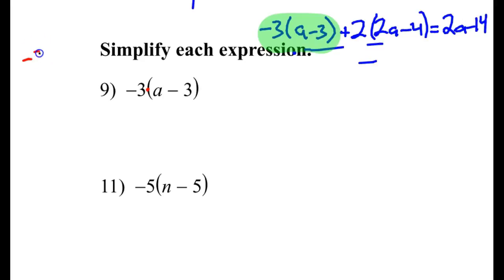We usually do like -3 times -4. We know that means -3 times -4. There's just more stuff in the parentheses, so you just multiply everything by -3. So -3 times a, and -3 times -3 is positive 9.